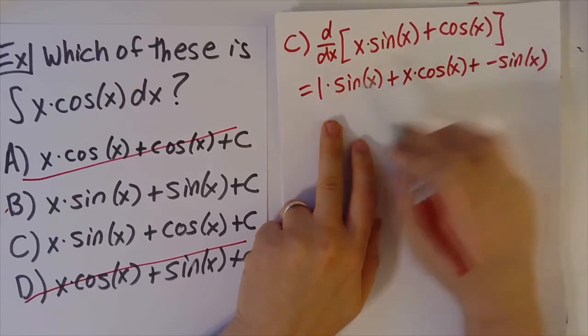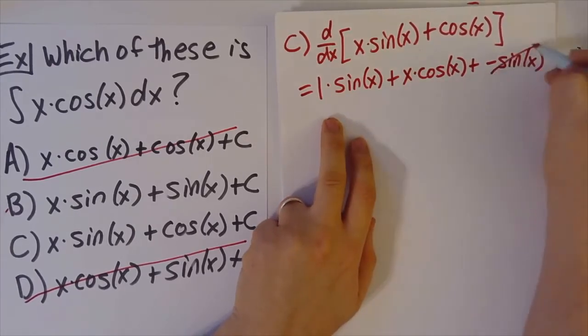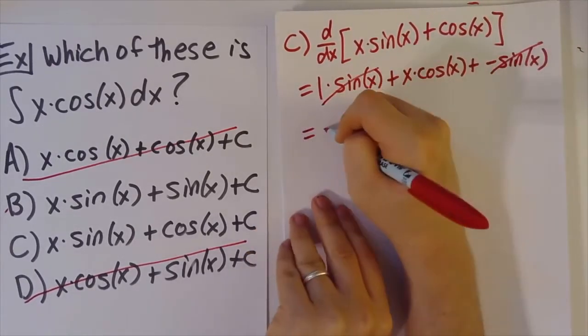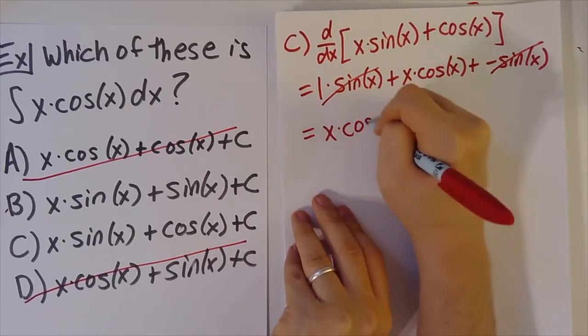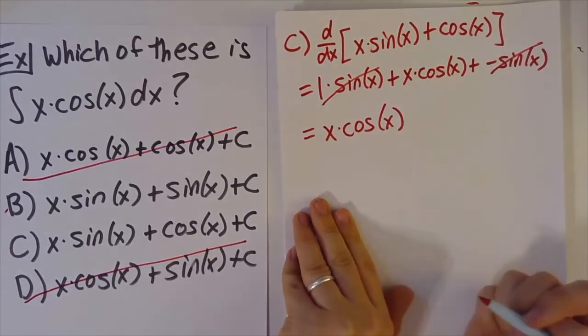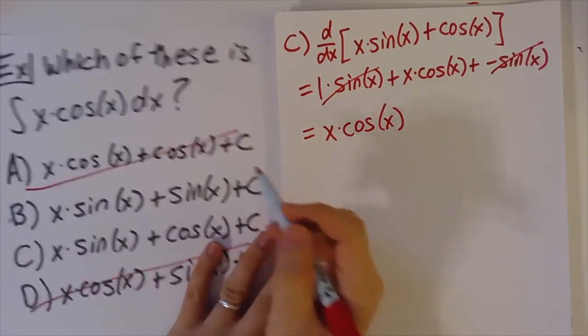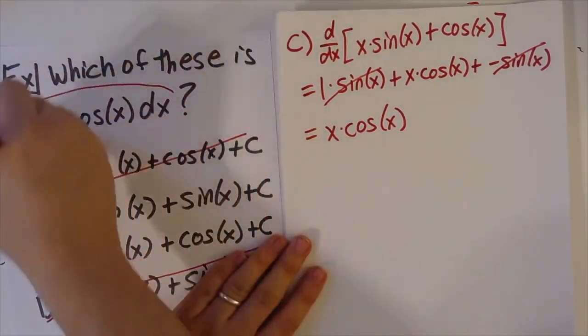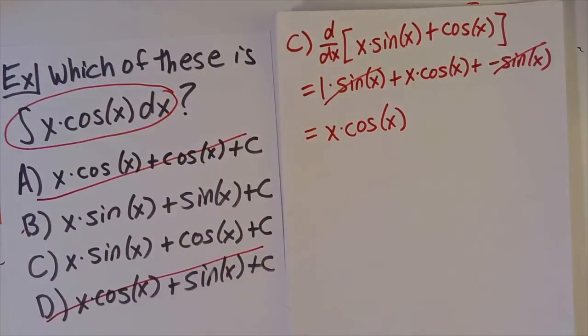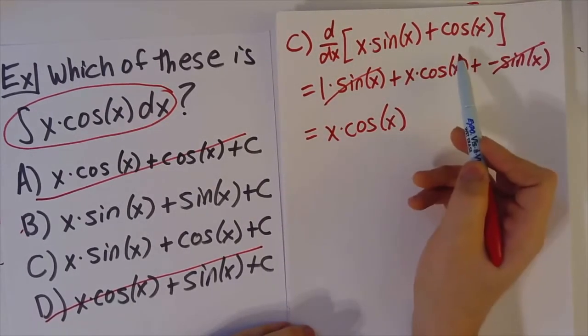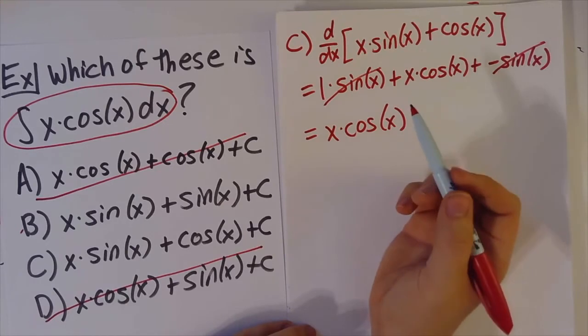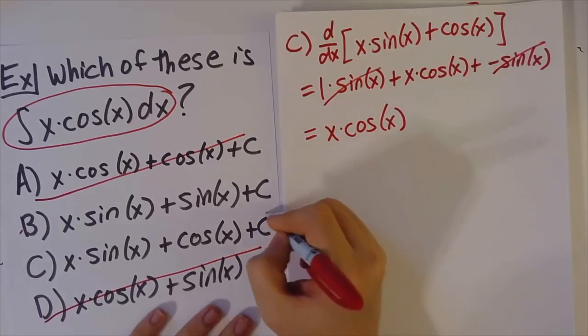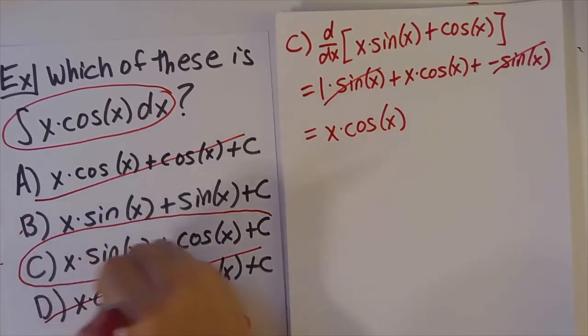There's a minus sine of x and a plus sine of x, so those cancel. And so I'm left exactly with x times cosine of x. Okay, and note, again, that's all I need to know that I have correctly found the integral of x times cosine of x. I found a function which, when I take its derivative, I get x times cosine of x. Okay, and so that means the correct answer here is C.